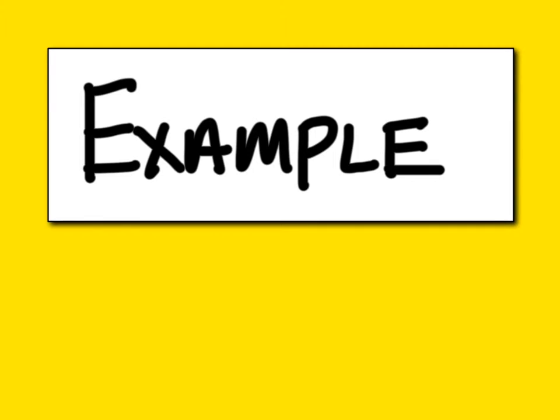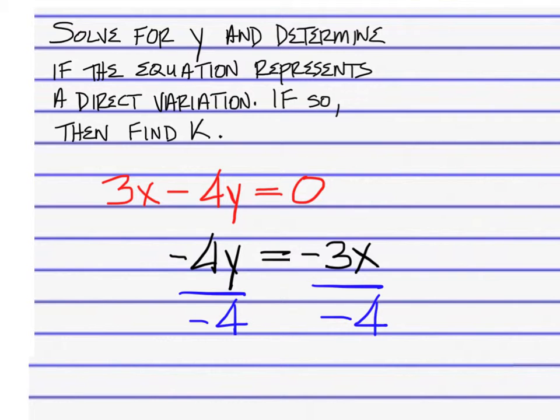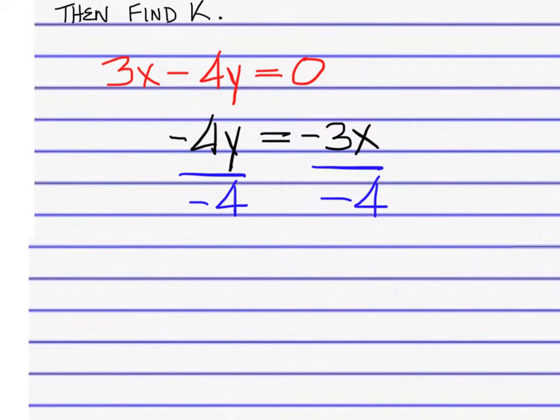Here's another one. Solve for y and determine if the equation represents a direct variation. If so, then find k. Well, if we want y by itself, then we're going to leave it here and the sign in front of it on the left, and put the 3x to the right, change that sign. To get y by itself, I would have to divide both sides by a negative 4. That means these negative 4's cancel out.